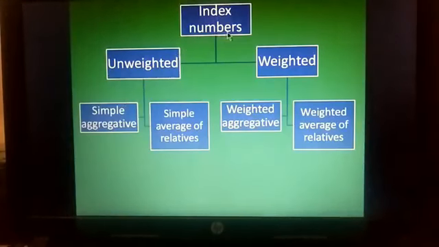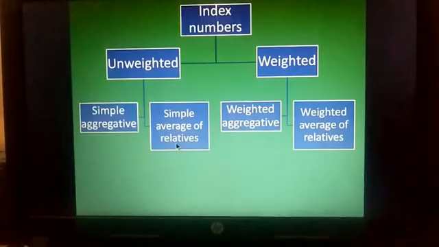Here, index numbers are broadly classified into unweighted and weighted index numbers. As we have already observed, first unweighted or simple index numbers, then weighted index numbers. In the unweighted, once again, there are simple aggregative and simple average of relatives.